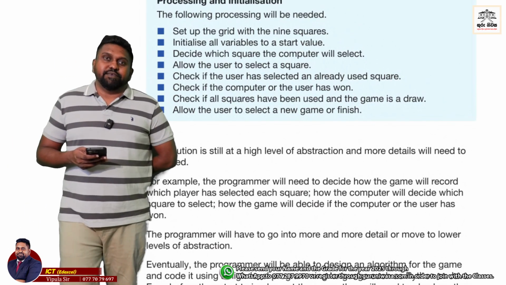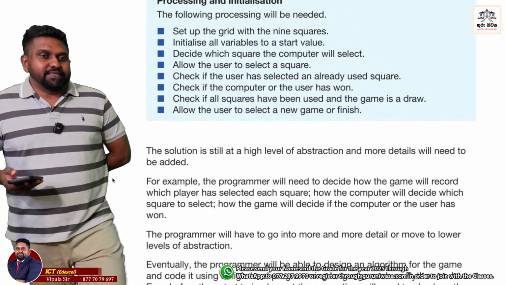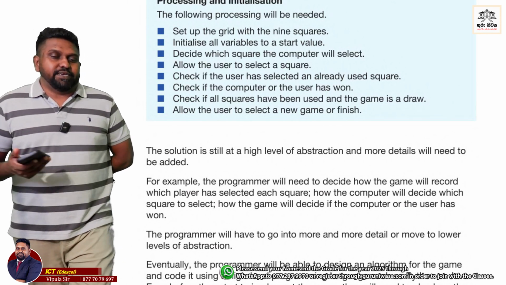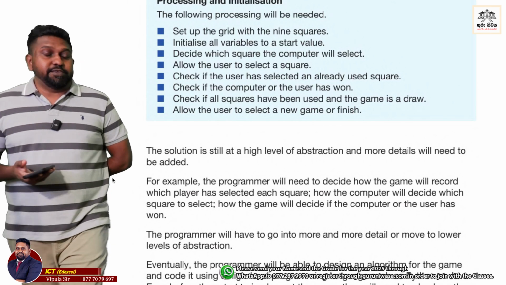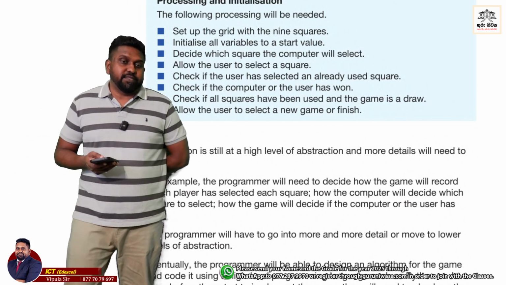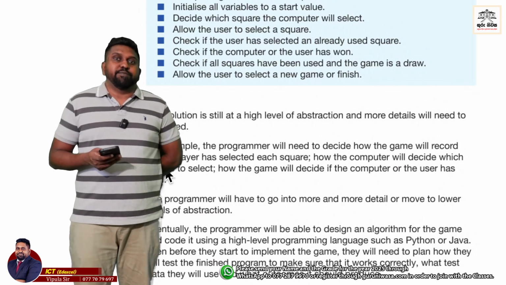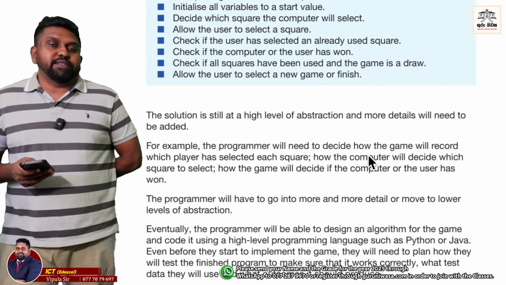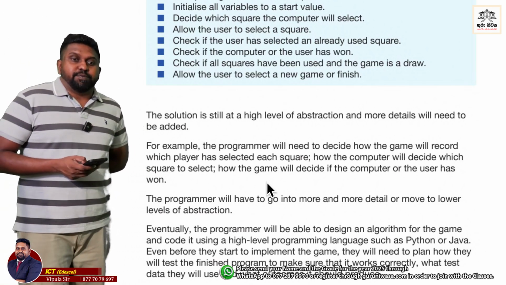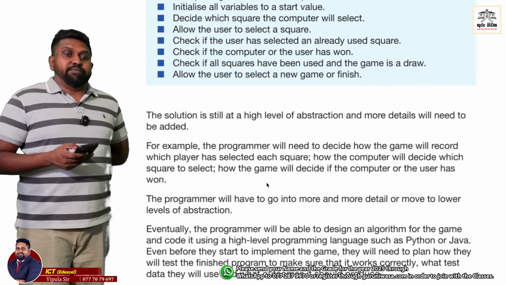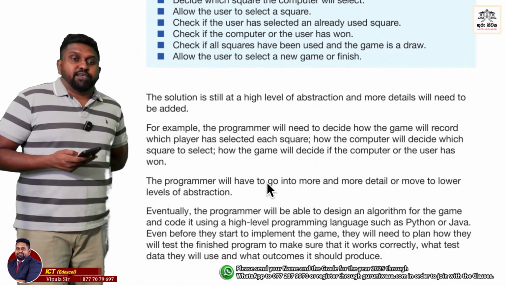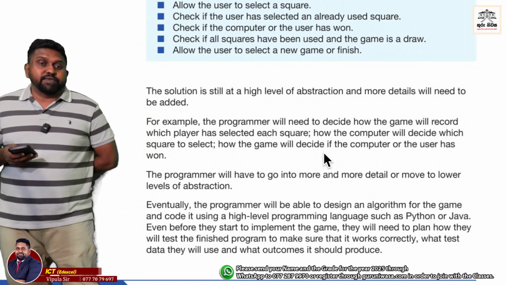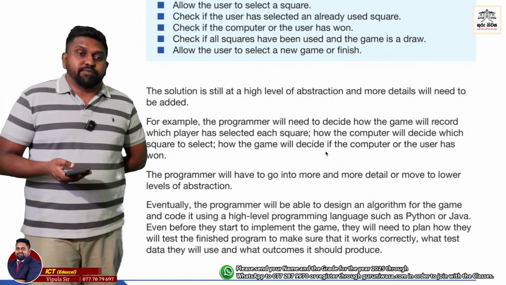So now when you look at this in a way, this solution is still at a very high level of abstraction, right? And obviously we need to add a massive lot more details to this, right? For example, if a program is going to work on this, the programmer must decide how the game will record the details, which player has selected which square, who won, and how the game will decide if the computer has won.